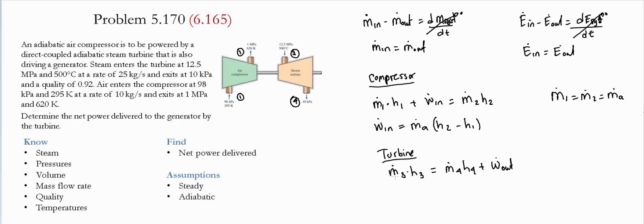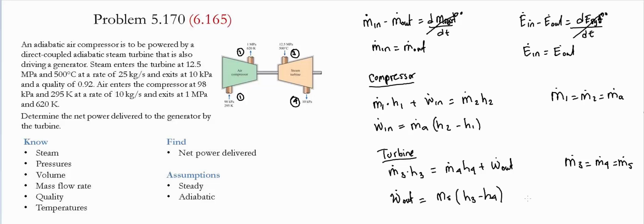Once again, the mass flow rate entering and exiting the turbine is the same, so m dot 3 equals m dot 4, and we write it as m dot s for steam. What we're looking for in this case is the power leaving the turbine. So this is m dot s times h3 minus h4.